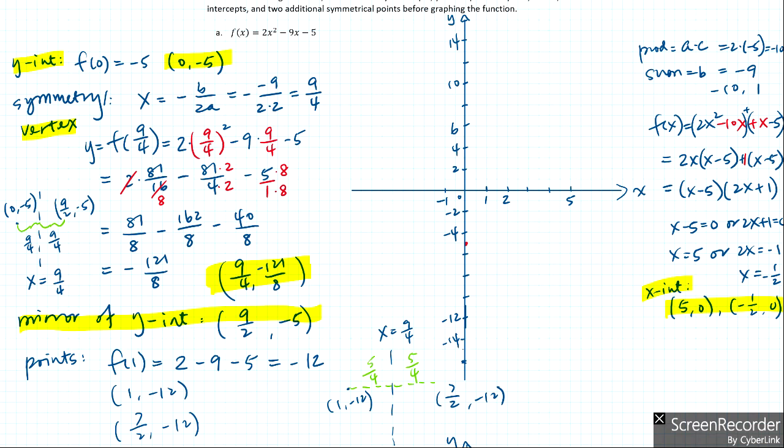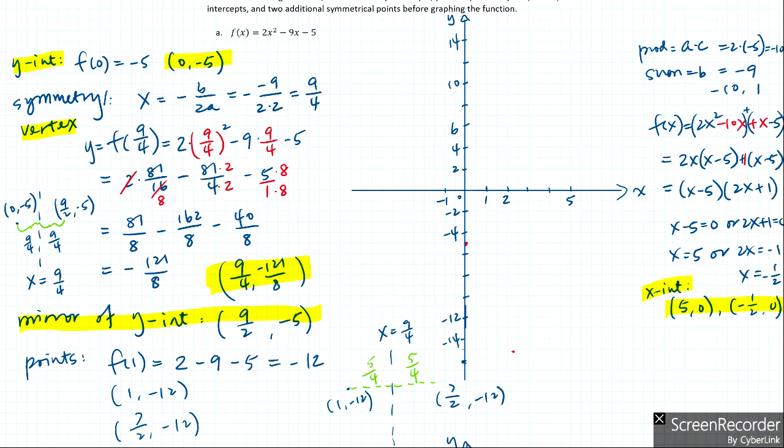Actually, I just realized that the vertex should have a y-coordinate of negative 121/8. I completely dropped the negative sign for a minute, so it should really be below the x-axis. And we have 9/4, so 2 1/4 somewhere down here, and I want to draw it next to negative 15, just slightly below negative 15.